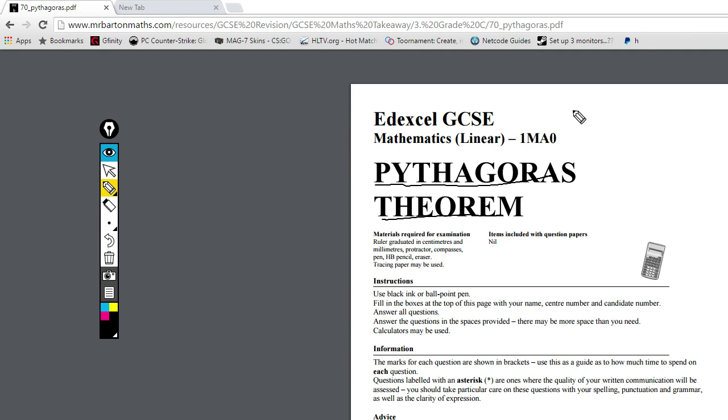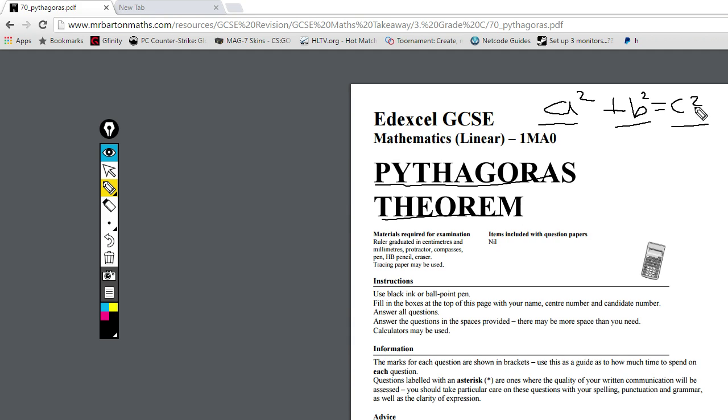Okay? So the formula for this is a squared plus b squared equals c squared. C squared is the longest side of the triangle, which is also known as the hypotenuse.